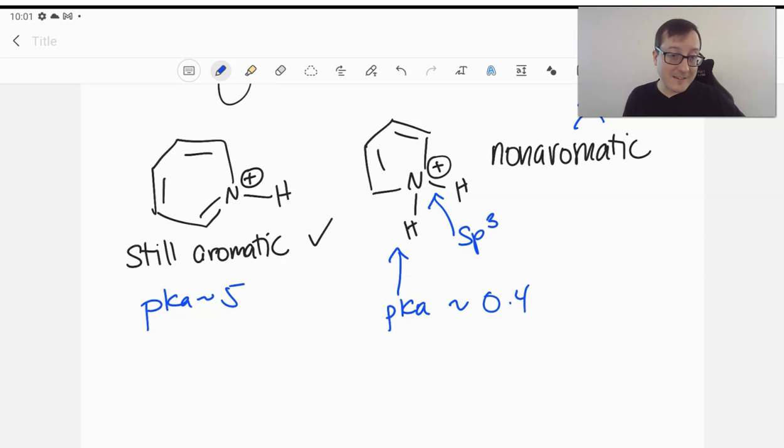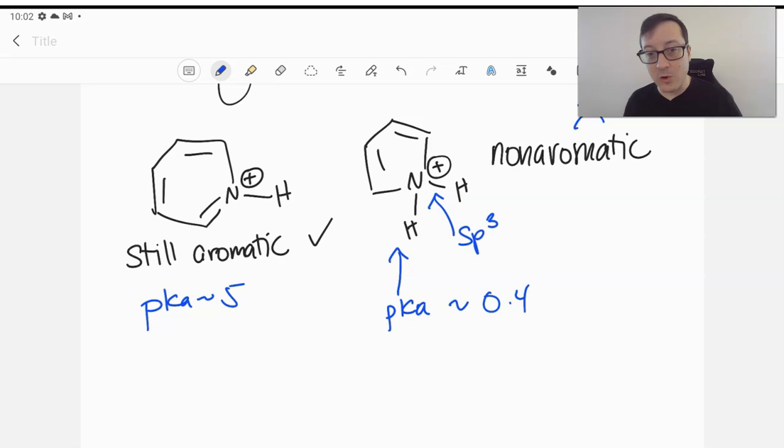So we're going to investigate this further when we look at bases, specifically when we talk about amines in the amines chapter. But it's important to note that we also have to consider aromaticity now when we're looking at acid-base behavior. So we saw that the cyclopentadiene has a very acidic proton, an exceptionally acidic proton, because removing that proton leads to aromaticity.